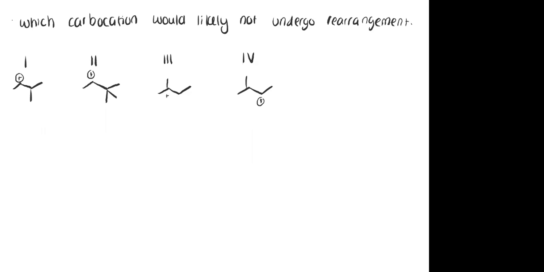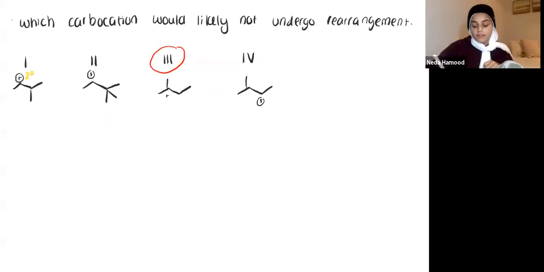The other ones go through rearrangements because it's a secondary carbocation, and it can either take a hydrogen to shift to being tertiary, or it can take a methyl group. Awesome. So this can look like this after its rearrangement.